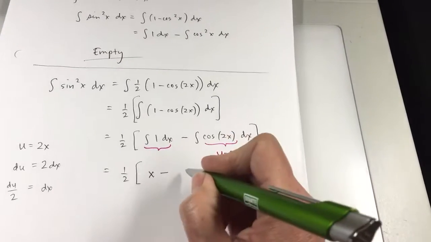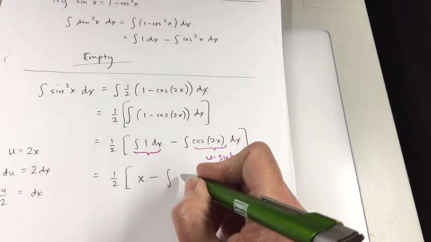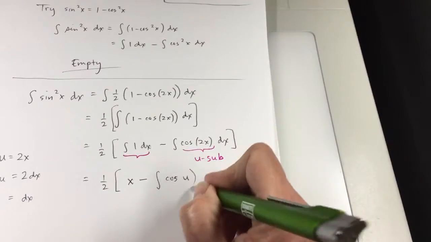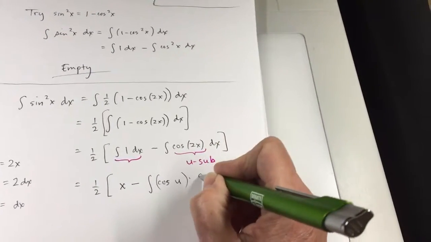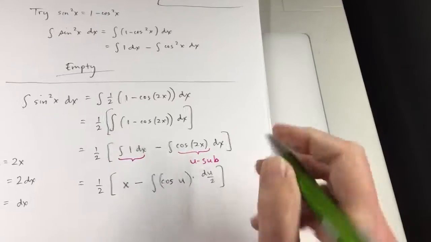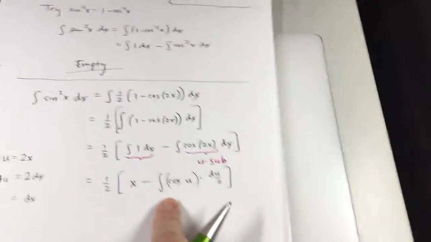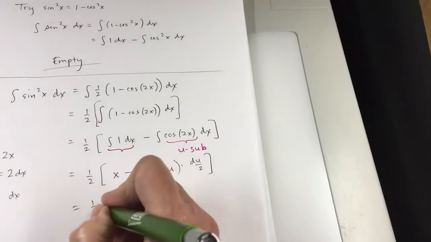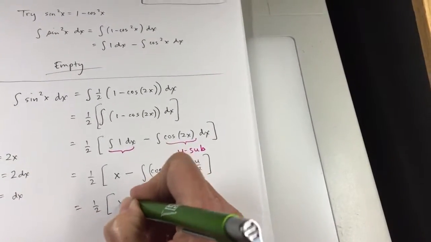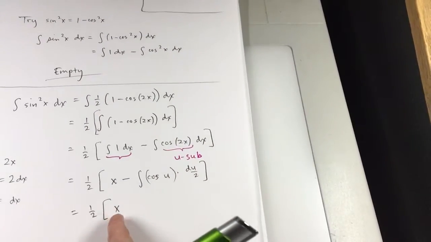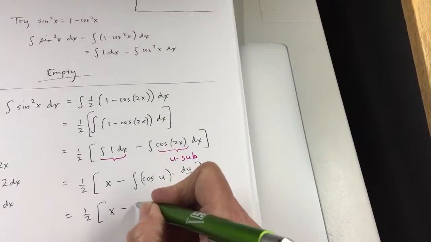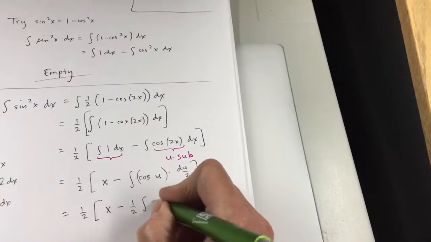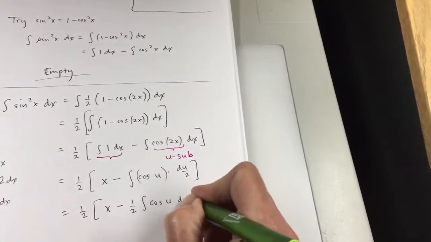So this I'll have minus the integral of cosine u du over 2. Look, there's another 1/2 in here. I'm going to take this 1/2 out. The 1/2 from before, x minus, here's my 1/2 du over 2, the integral of cosine u du.